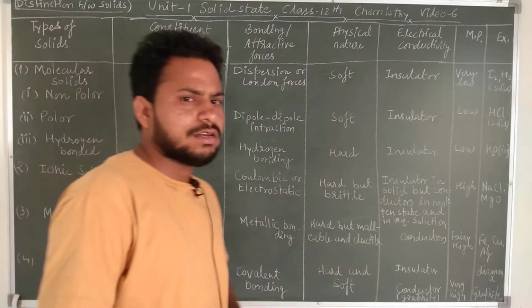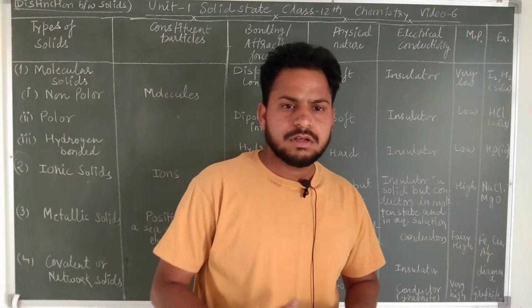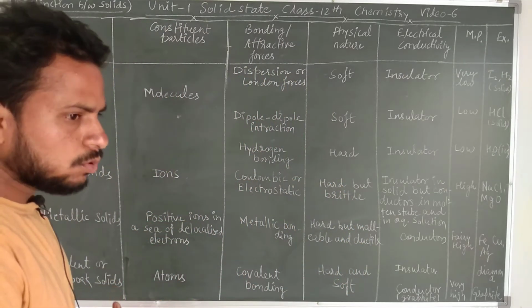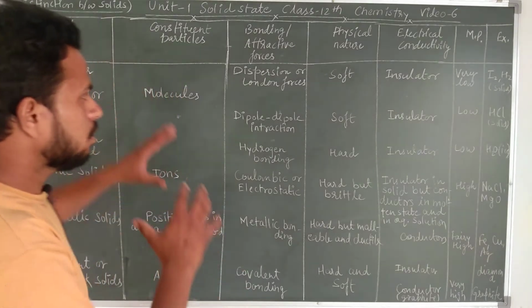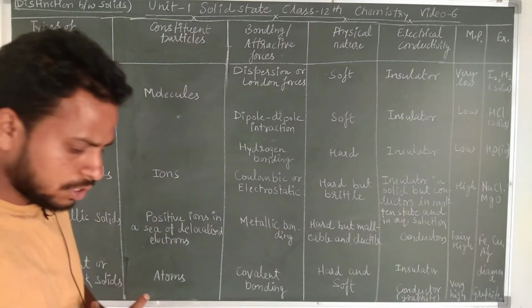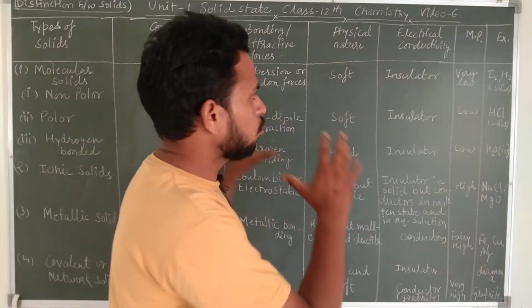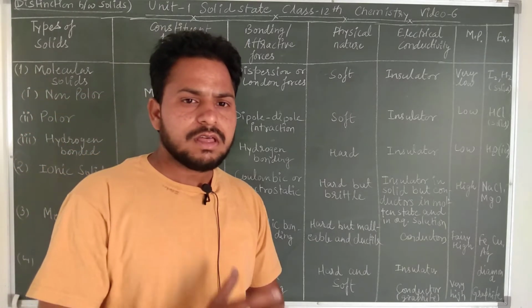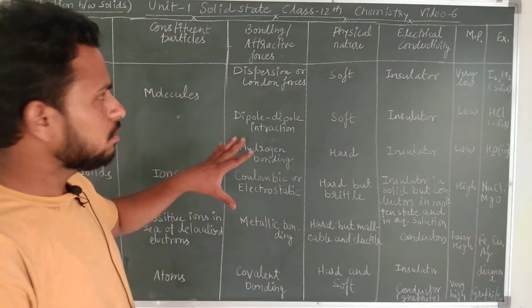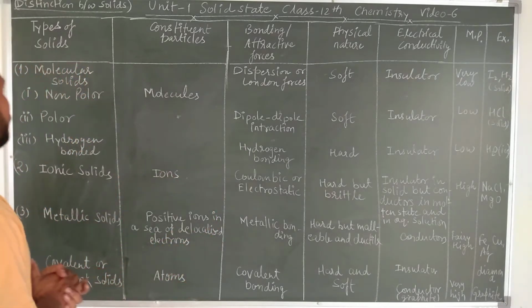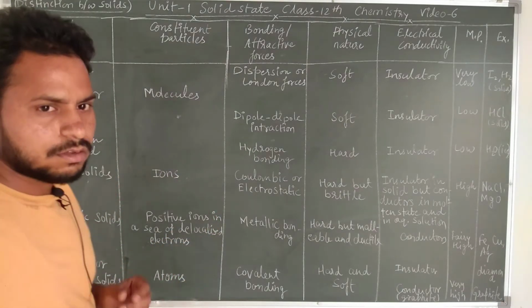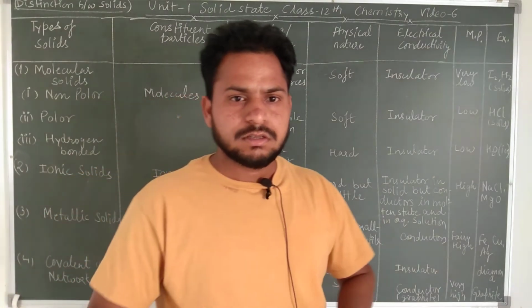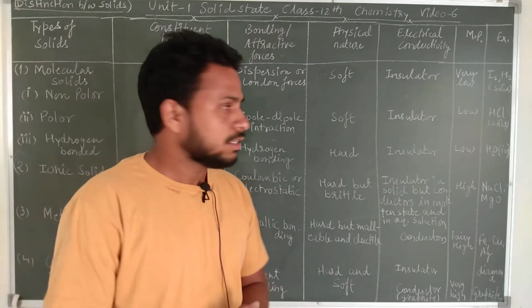Today we will discuss how to differentiate those crystalline solids. We have a flow chart, and with the help of the flow chart we understand the differences between crystalline solids. So without wasting time, let's get started.